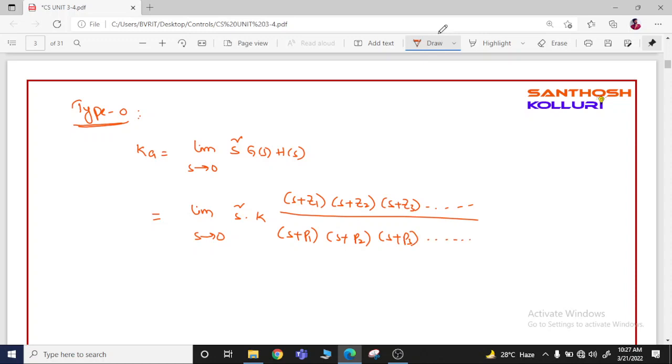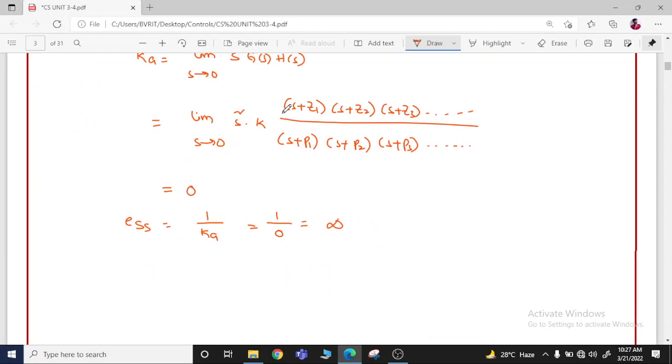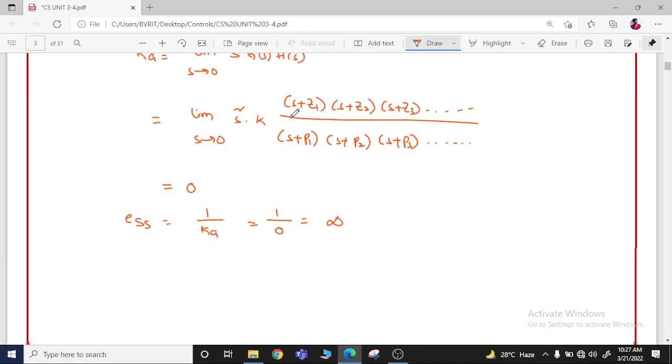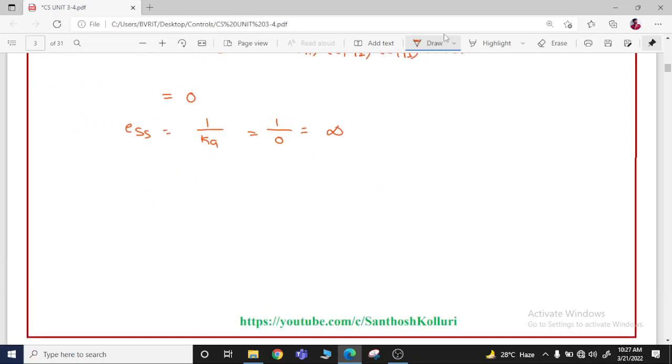When we put limit s tends to 0 here, this entire term will become 0. Therefore ESS will be equal to 1 by Ka, where 1 by Ka is 1 by 0, which will be infinity. So for type 0 systems, for a unit parabolic input, the steady state error is infinity.